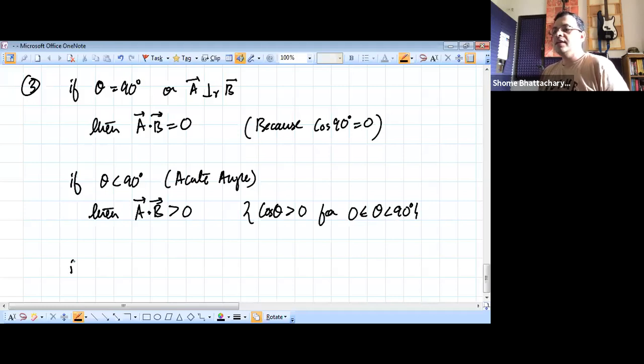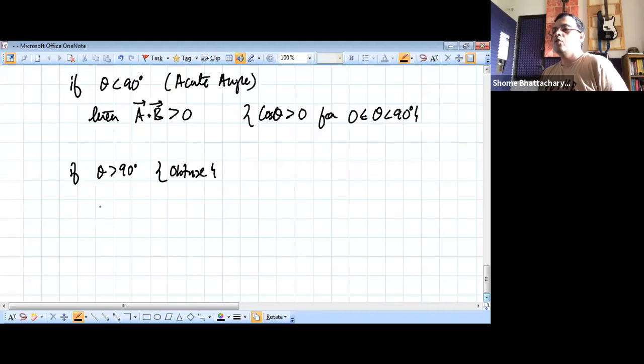But on the other hand, if theta is obtuse, because remember here theta is the angle between two vectors, so it can either be acute or obtuse. Then automatically the dot product becomes a negative quantity.